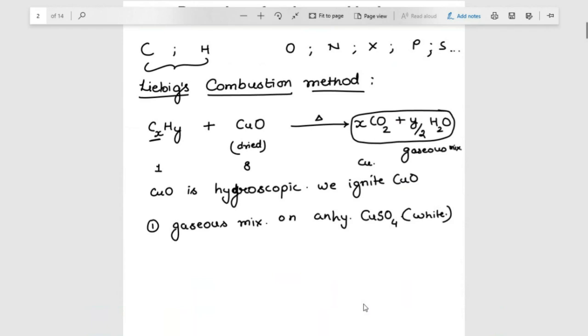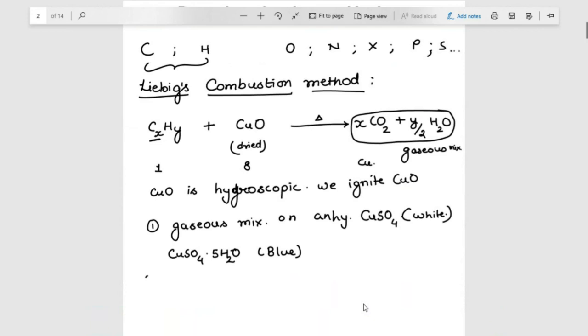As soon as we pass this mixture on anhydrous CuSO4, it will become CuSO4·5H2O, which is blue in color. So the change of anhydrous CuSO4 from white to blue gives us the confirmation that yes, this unknown compound had hydrogen atoms. That is why there was water.